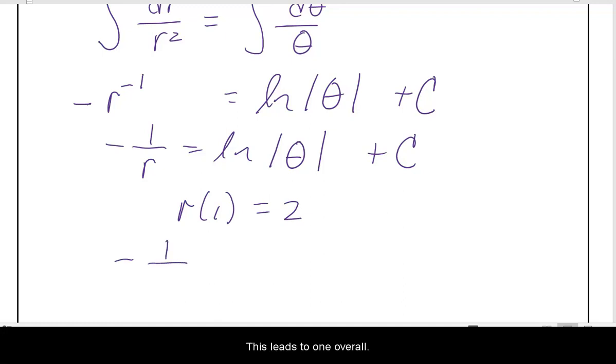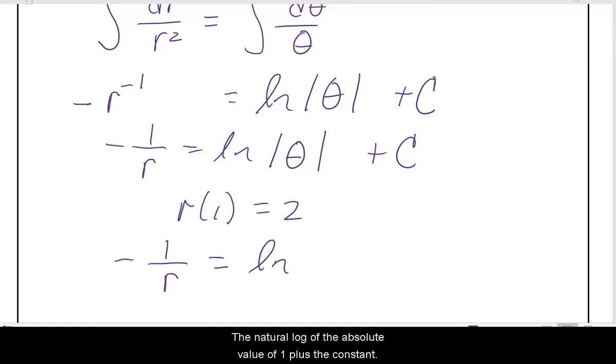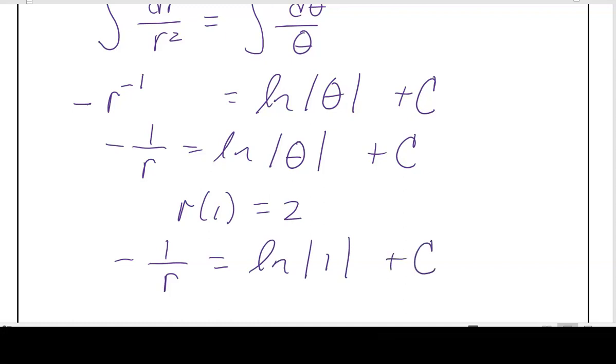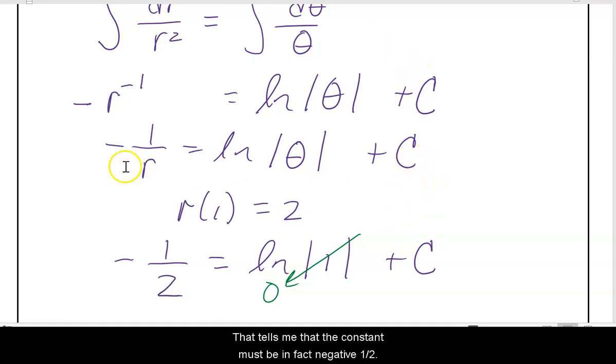This leads to 1 over r equal to the natural log of the absolute value of 1 plus the constant. Now the natural log of 1, that's 0. Now I forgot to replace the r with 2, so let's go ahead and do that now. That tells me that the constant must be, in fact, negative 1/2.